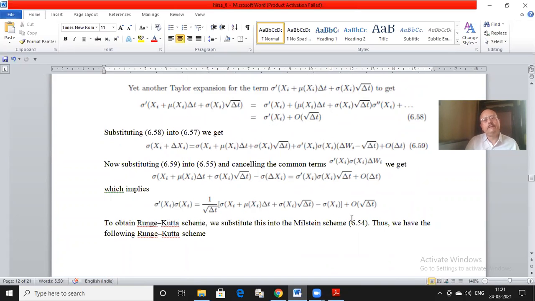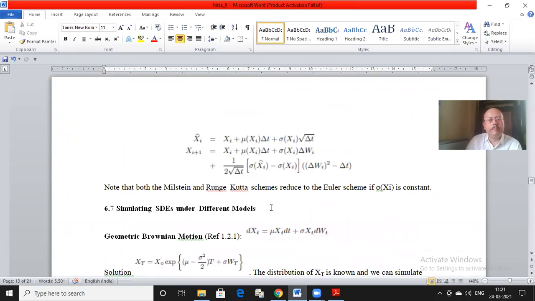So I can avoid evaluating the derivative directly. And this expression is plugged back into the Milstein scheme to give us the Runge-Kutta scheme, which is the same order of error, but it avoids evaluating sigma prime, which is typically expensive.